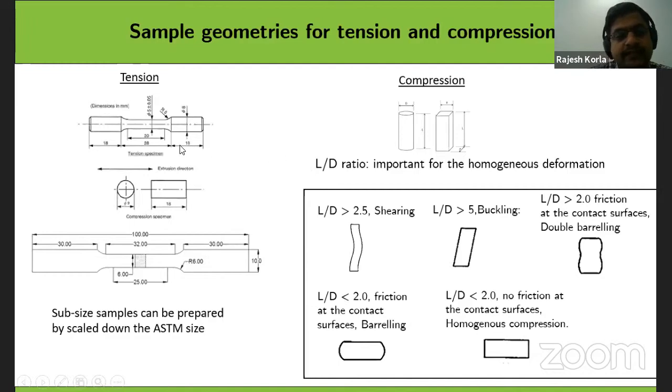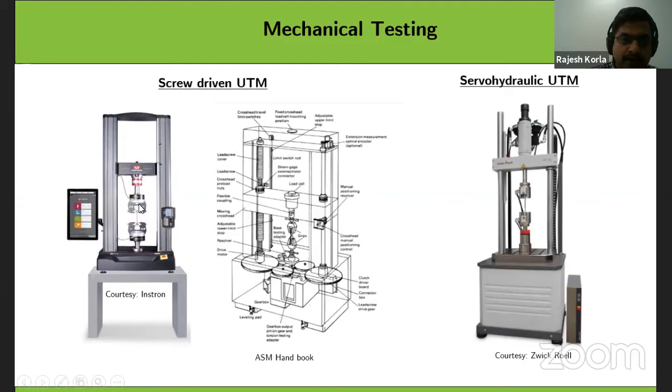Another difference between the tension and compression experiment you have to keep in mind: when you compare the tensile data and compressive data and say that there is a difference, before making that comment you have to remember that in tensile experiments there is a restriction. For example, you hold the sample along here and here. That means the sample is not allowed to flow along this direction; it is only allowed to move along this direction.